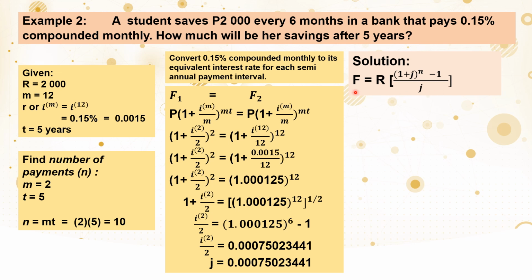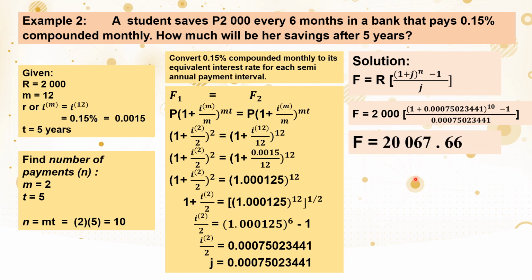So F now, or future value, is equal to R, which is 2,000, times the quantity 1 plus the value of J, 0.00075023441, raised to the value of N, which is 10, minus 1 all over our J, 0.00075023441.